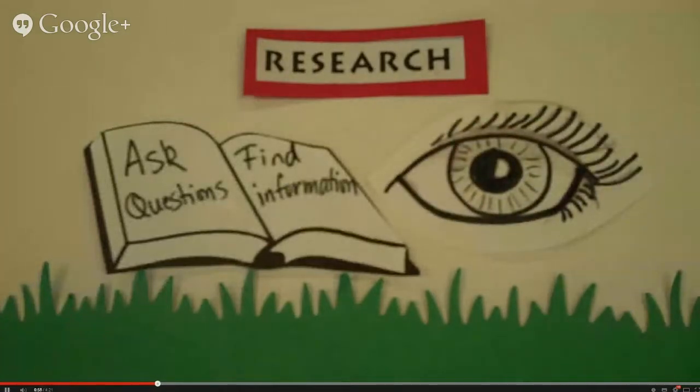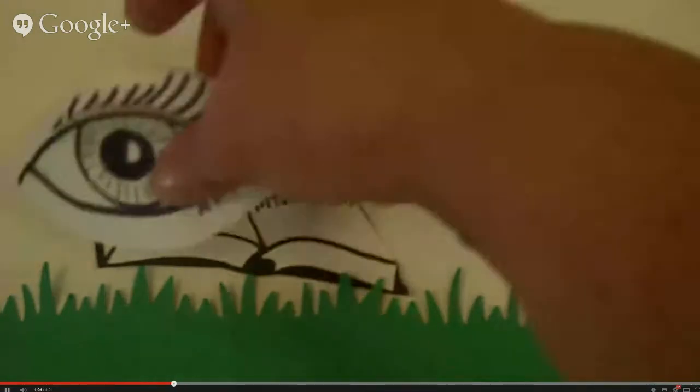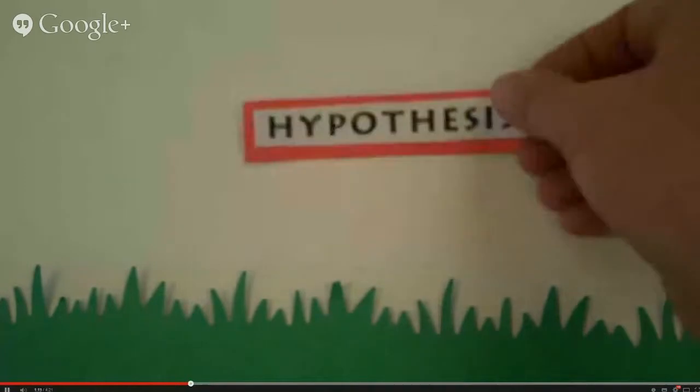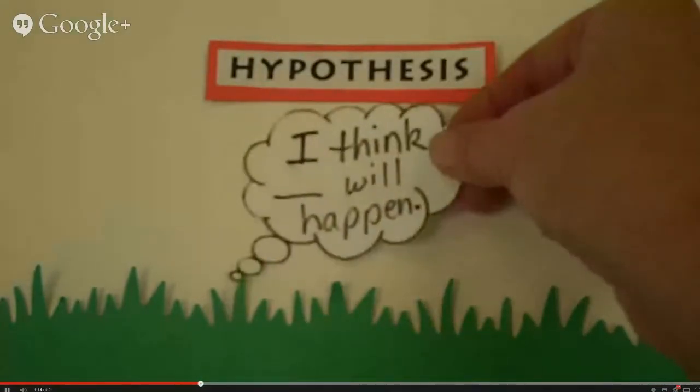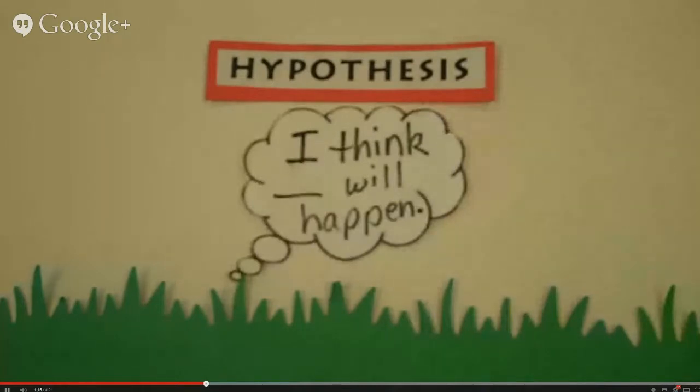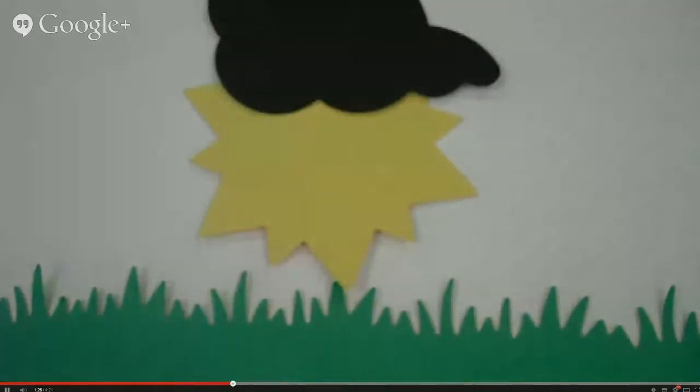For example, you might read about the effects of sun on plants or talk to a horticulturist. The next step is to state your hypothesis. A hypothesis is a possible answer to your question. You tell what you think will happen. For example, you might say that grass needs partial sun to grow.